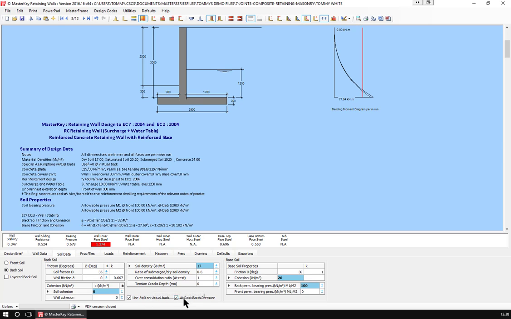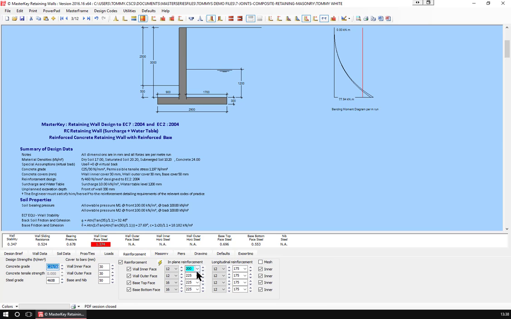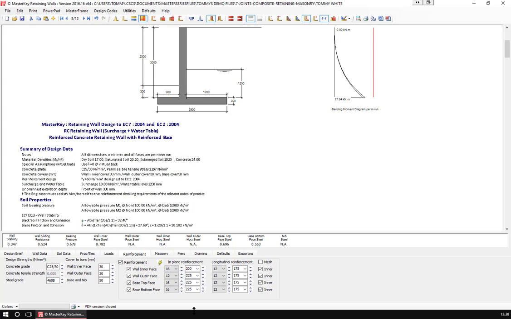So we have these options here again to use earth pressure at rest, at which point stability is okay, but reinforcement does need to suddenly jump up to 16s at 200 in this example. So that is all the scope of using the software. Very, very detailed, very comprehensive, a single standalone program for use with retaining walls.